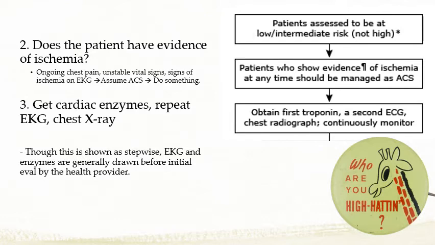There are some places where the health provider still has to order the first set of cardiac enzymes, but a lot of people have their algorithms so that even before the health provider sees them, the cardiac enzymes are drawn already. So that can be a little bit confusing here, but this is the stepwise portion of this.